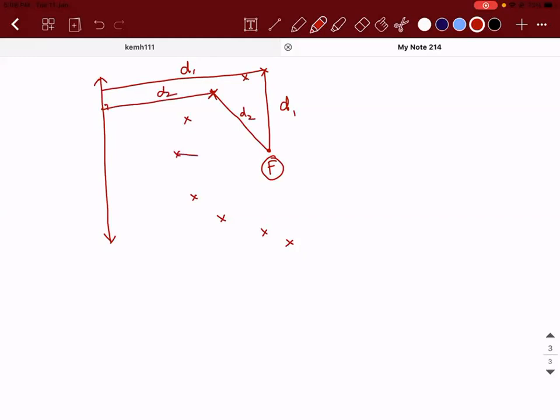Similarly, when it is at this position, if this distance is d3, this distance will also be d3. Then if you locate the mark of all the positions which this point has left, you will get a shape which is going to look like this, and that shape is given a name called parabola. Is that clear?